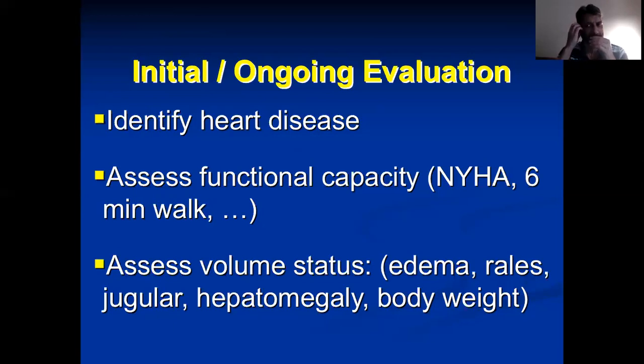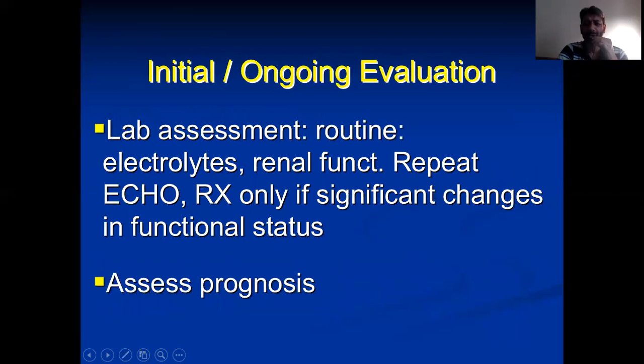Second, when you are suspecting heart failure, identify the etiology. What is the etiology? Then assess his functional class, assess volume status, assess prognosis, assess cause. All these things are very important in the workup.